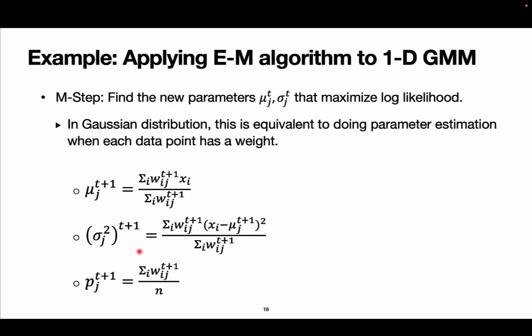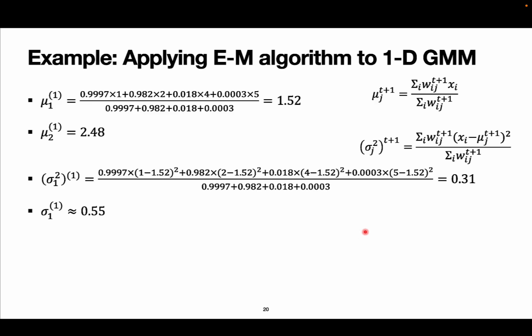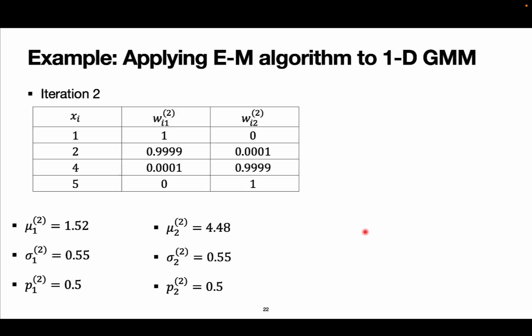The covariance measures the weighted spread of the data around the mean, and the membership probability, or the mixing probability, is the fraction of the dataset explained by the Gaussian, computed as the total membership assigned to it. Here are the concrete values for the mus, sigmas, and prior probabilities for each cluster.